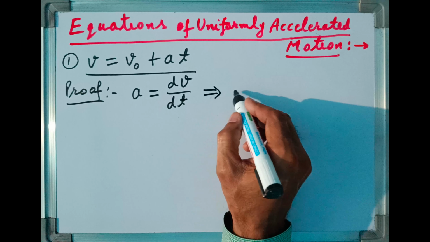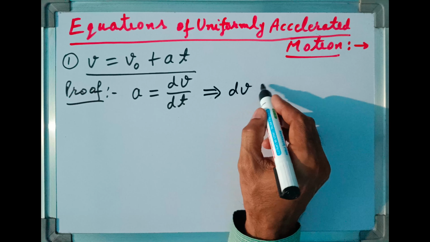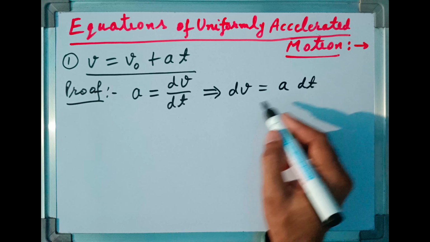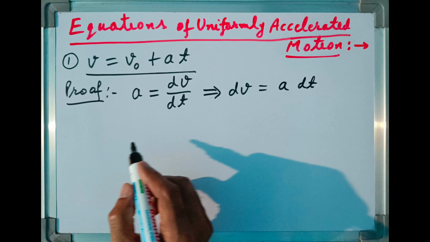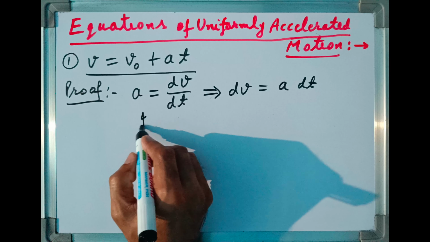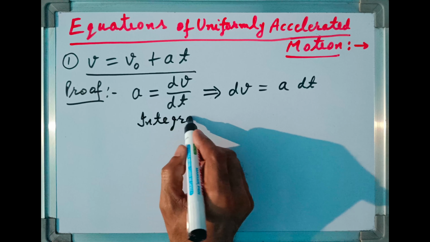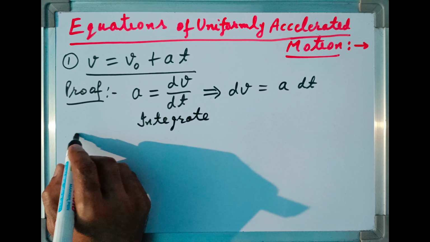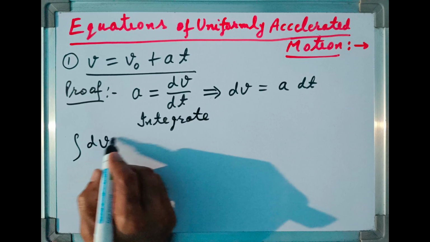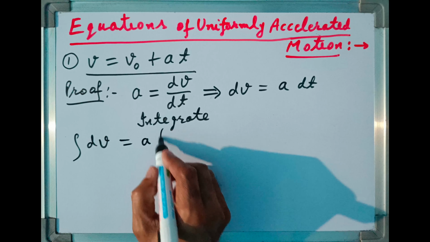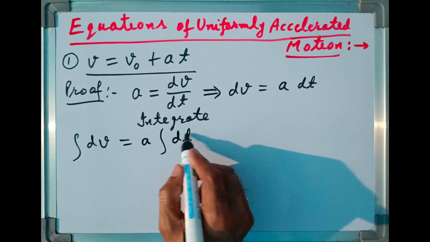So this can be rewritten as dv is equal to a into dt, just by cross multiplying. Now we shall integrate both sides. Integration dv equal to a, which is constant, so it can be taken out of integration.